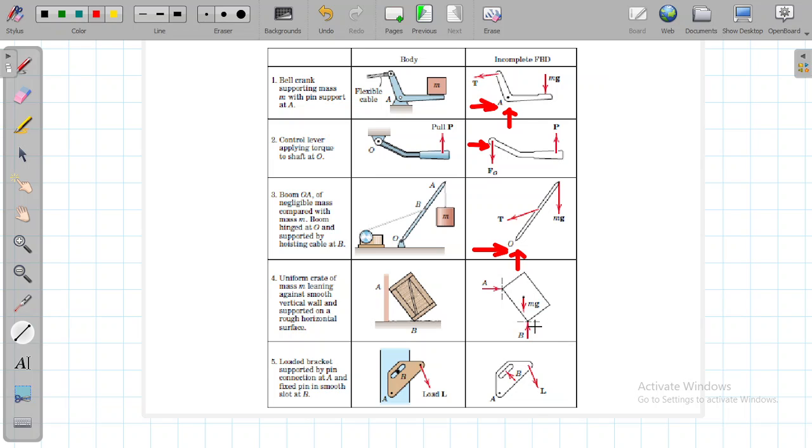The component of friction always needs to be placed correctly. If this crate is going to slip, it is always going to slip in this direction. If it slips, the slippage will be like this, lying down on the ground. First it is placed like this.